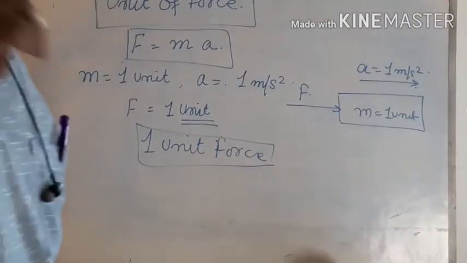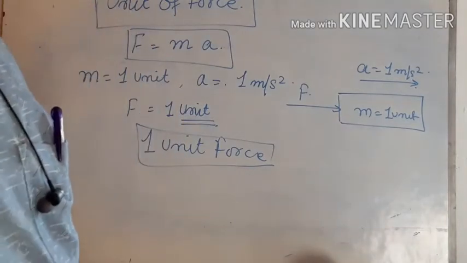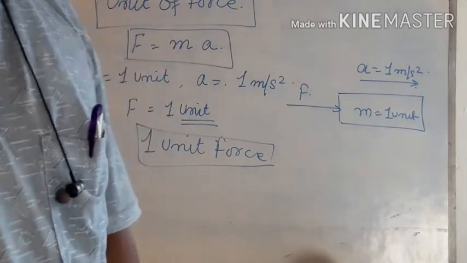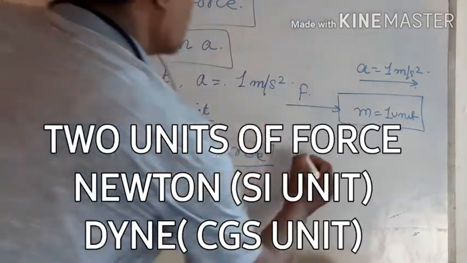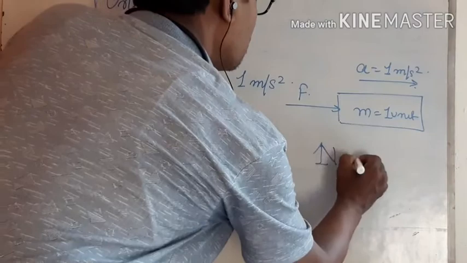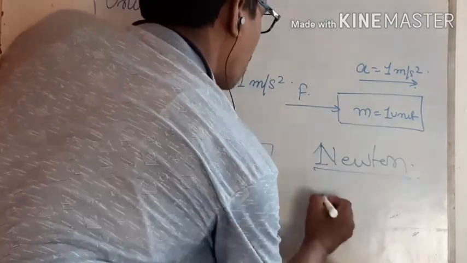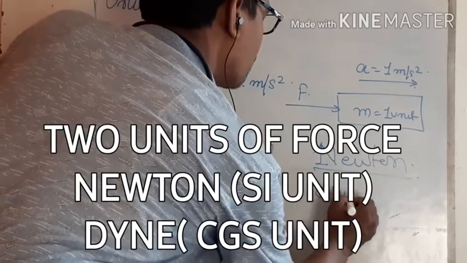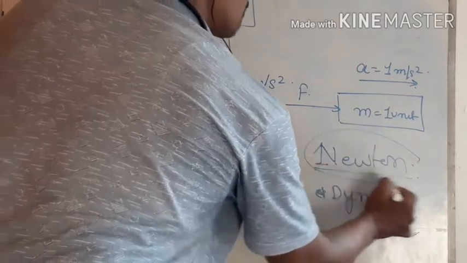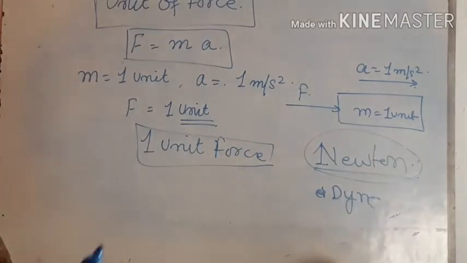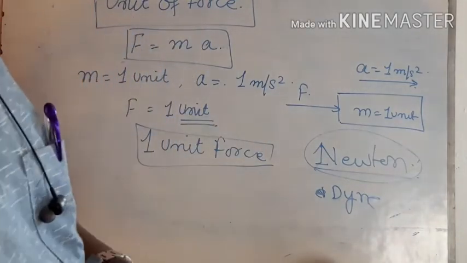Force of 1 unit is either 1 Newton or 1 dyne. Remember these two units, that there are two units of force, Newton and dyne, D-Y-N-E. Newton is the SI unit of force and dyne is the CGS unit of force.